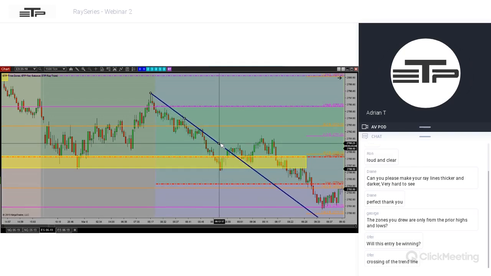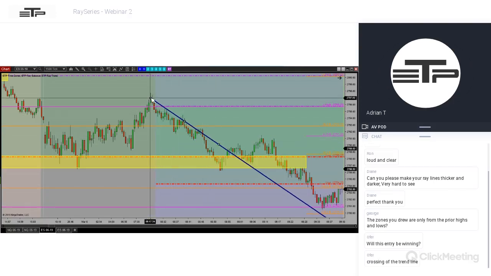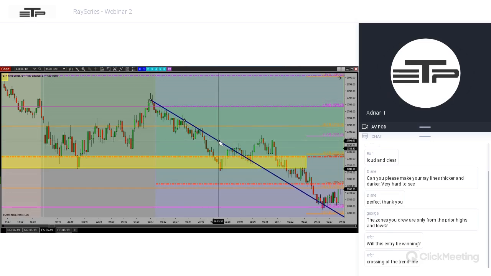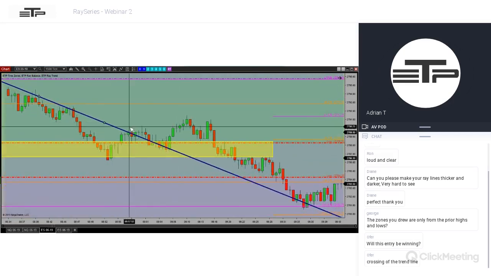So let's just say, for example, we entered, how was this drawn? This was drawn something like that sort of thing. Okay, so let's just say we entered here on this green candle right here.